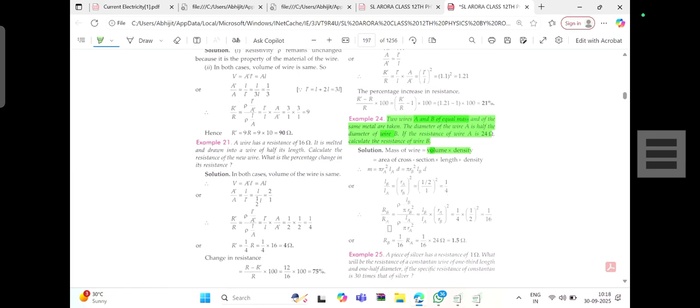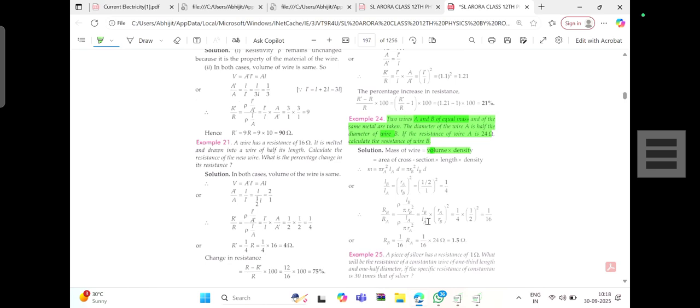So RB by RA is equal to rho B LB by pi RB square. Pi RB square is the area of the B conductor, and pi RA square is the cross-sectional area of A conductor. Rho cancels out because the same metal is taken, as clearly written here. So rho cancels out, pi cancels out.